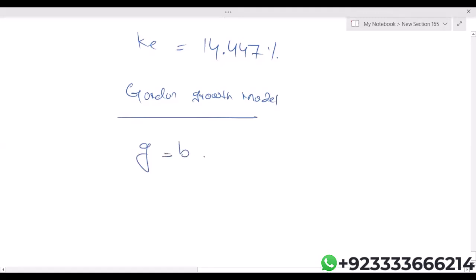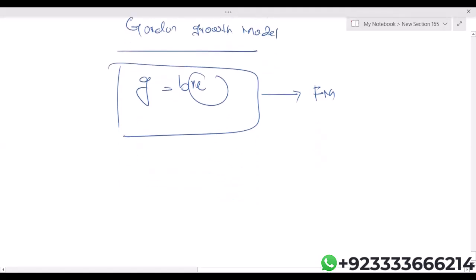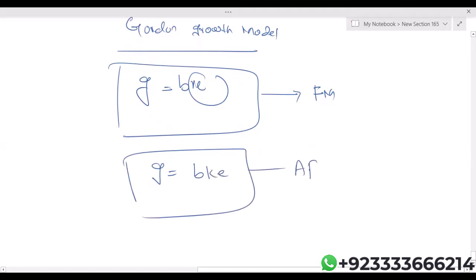G is equal to B RE. Basically, this is what we use in FM. RE, return on equity. In AFM, we change this. G is equal to B KE. That is in AFM. So by using the Gordon growth model, we can calculate annual dividend growth rate.